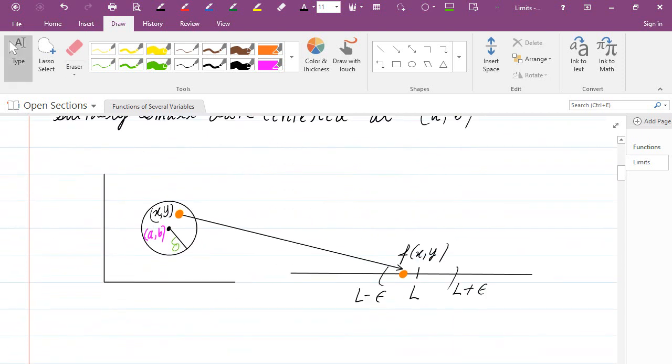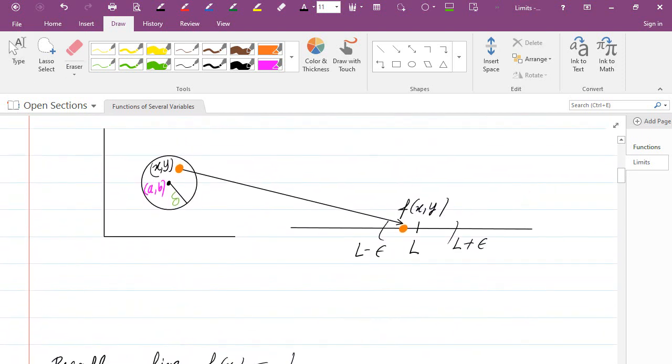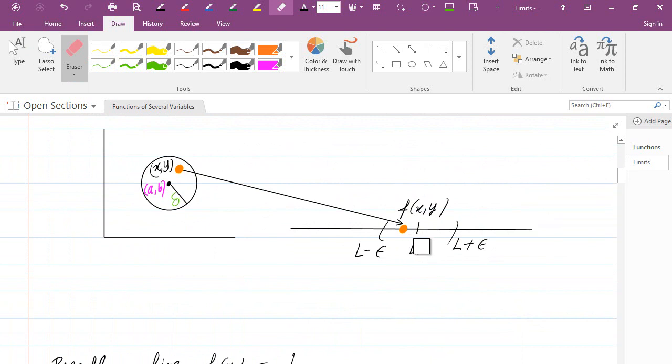So what we are saying is that we can make the value of f of (x, y) be within any small epsilon of L by choosing (x, y) in a small disk centered at (a, b).